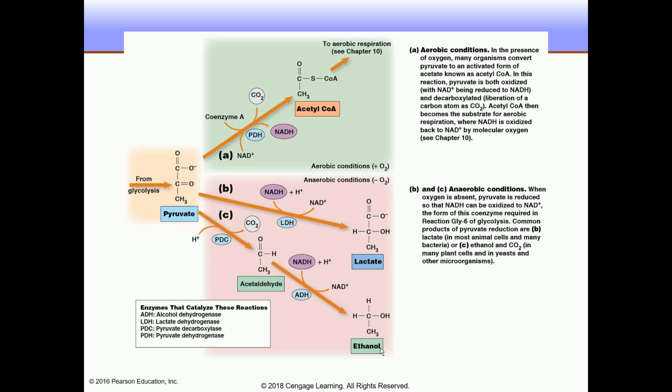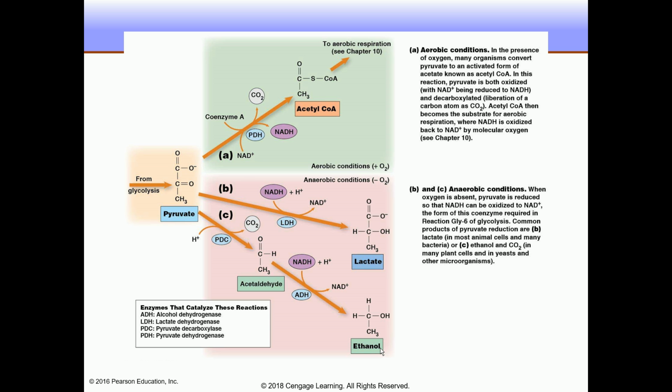Lactic acid fermentation takes place in our muscles when we do very vigorous exercise. At that time our cells can undergo lactic acid fermentation. And ethanol fermentation is a process done by yeast.